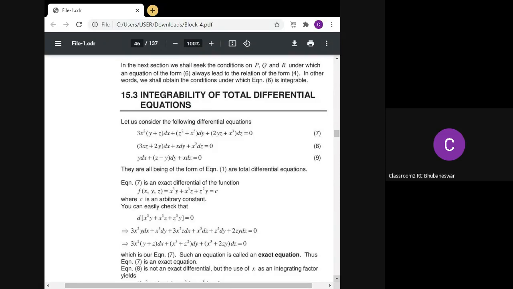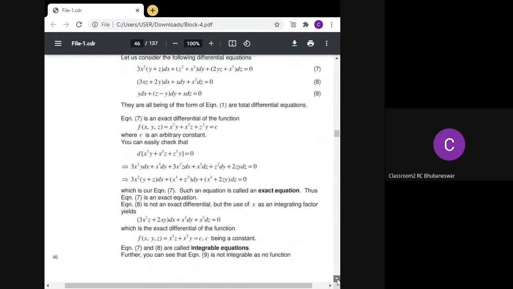The exact equation has also been discussed in first order ordinary differential equations, but here we are discussing partial differential equations. Whenever it is possible to express the equation in its corresponding exact equation form, then the integrability approach can be applied, and we can easily solve the equation.